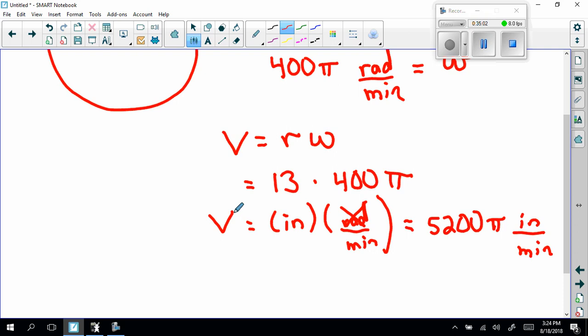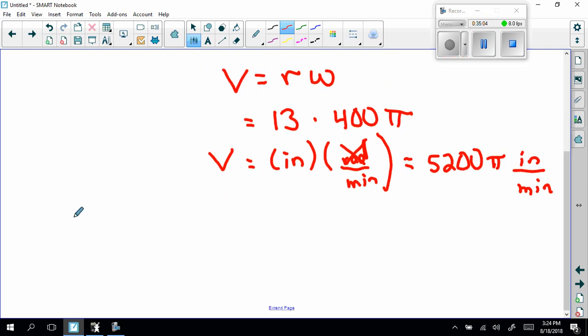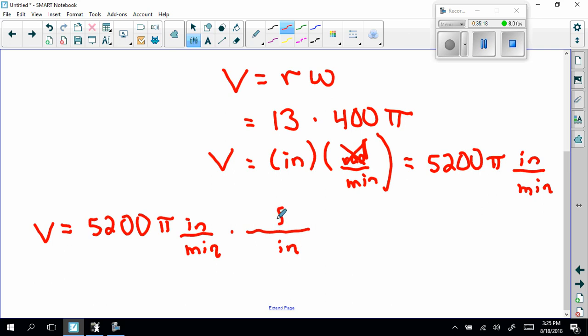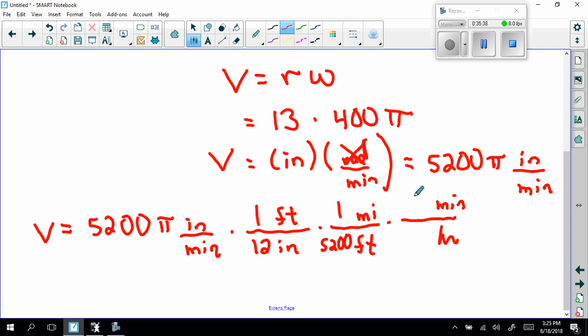Unfortunately, I don't understand that. So let's go back to our childhood days and convert to miles per hour. In 12 inches, there's 1 foot. And we live in Denver, so 1 mile is 5,280 feet. Let's get rid of minutes and bring in hours. In 1 hour, there's 60 minutes.